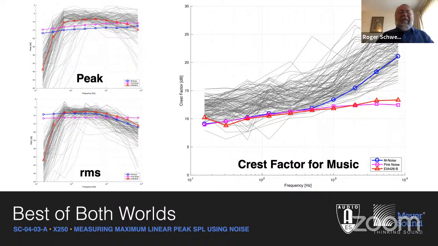So our goal here with M noise was to have a best of all worlds: to have an RMS level which rolls off with frequency, like simulated program noise, but to have a peak level which is relatively constant with frequency, like pink noise.